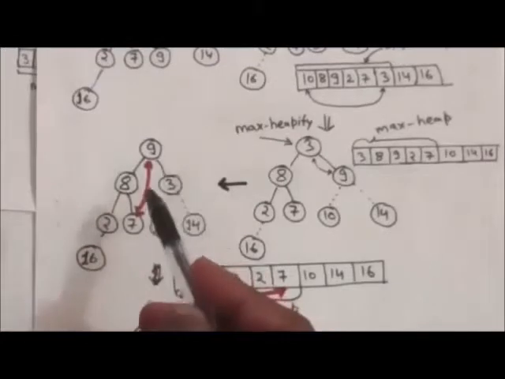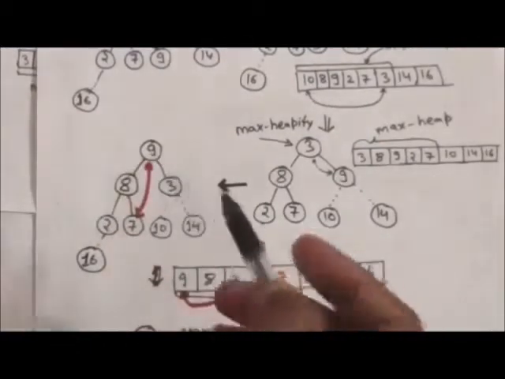When we exchange, what will happen? The root node will get the position of this node. So this element 9 will come here in the array, and this element 7 will become the root, right?